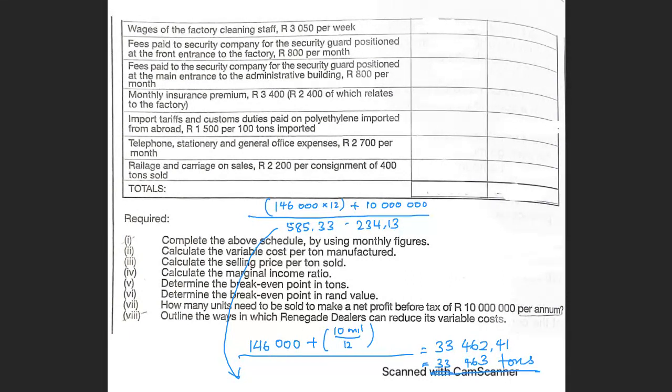Okay, so this is question 4.4. Are there any questions here?